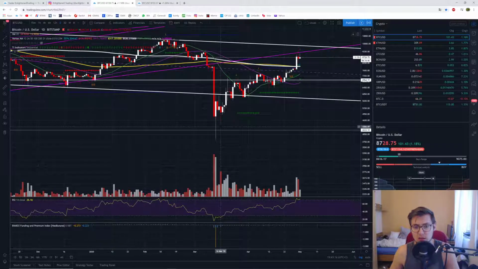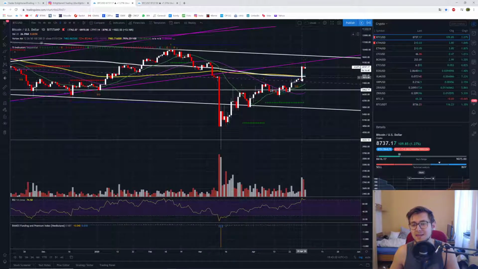We have a huge wick going down, and the body of the candle actually closing higher, and then also closing above the 200-day moving average.